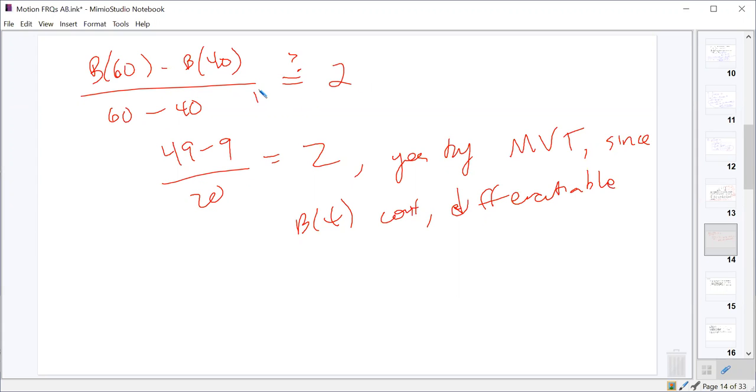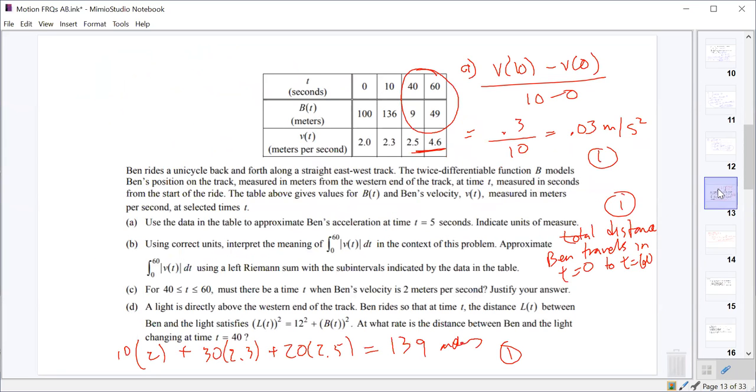One for setting up this b of 60 minus b of 40 over 60 minus 40, and one for the conclusion there. Good or no? It's good. Cool. All right, part D.